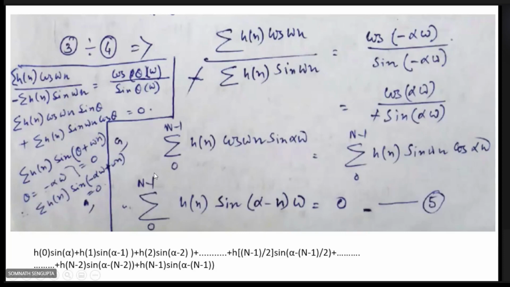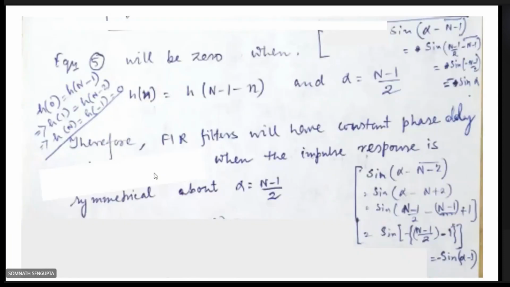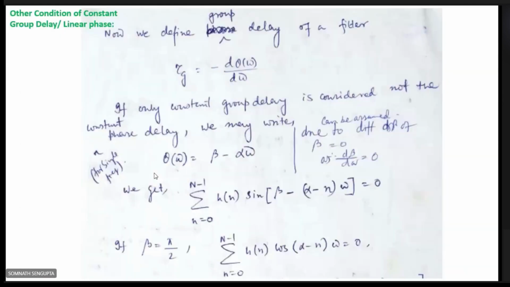Now, if theta is written in a slightly different way, it is beta minus alpha omega, where this equation tells that it has both constant group delay and constant phase delay.